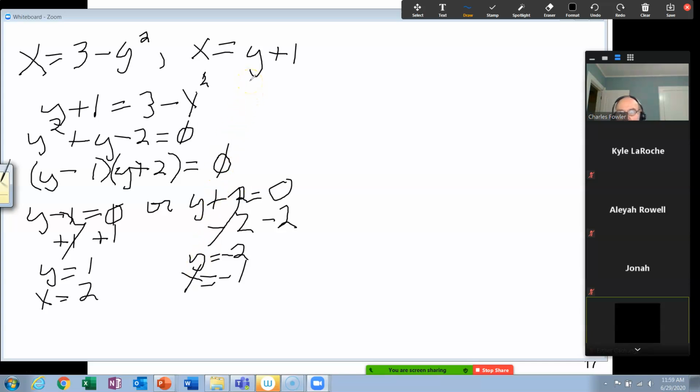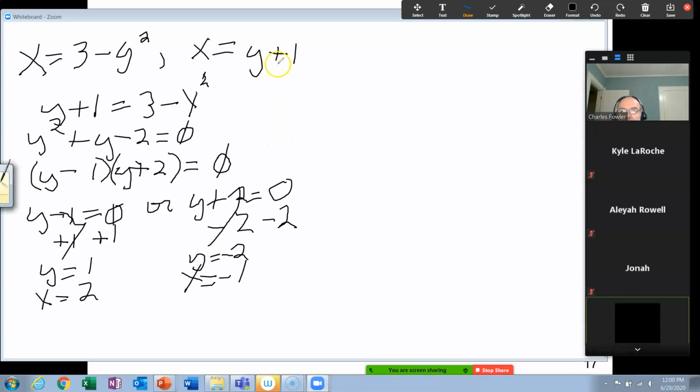Let's plug a number in between y equal 1 and negative 2. Can someone think of a good number between negative 2 and 1? Make it an easy number. 0 is one of my favorites.